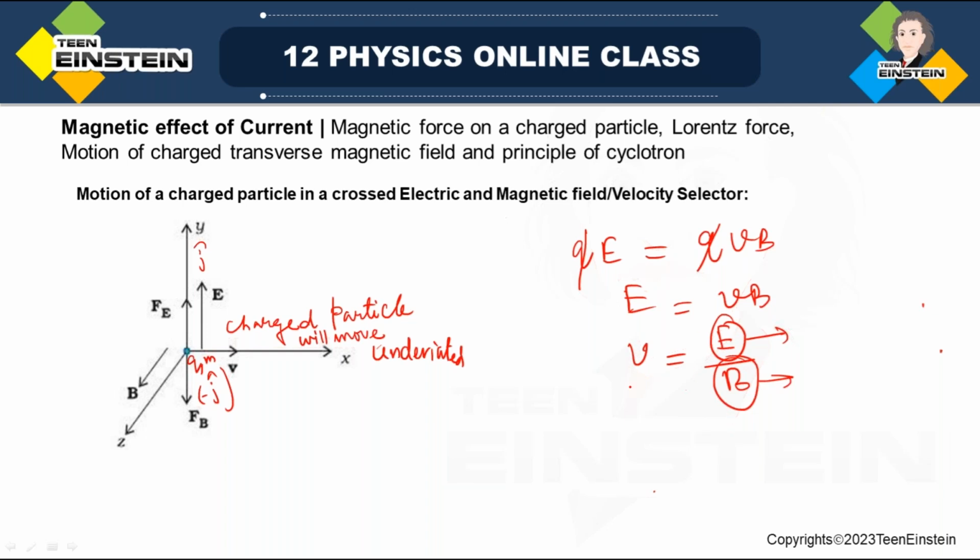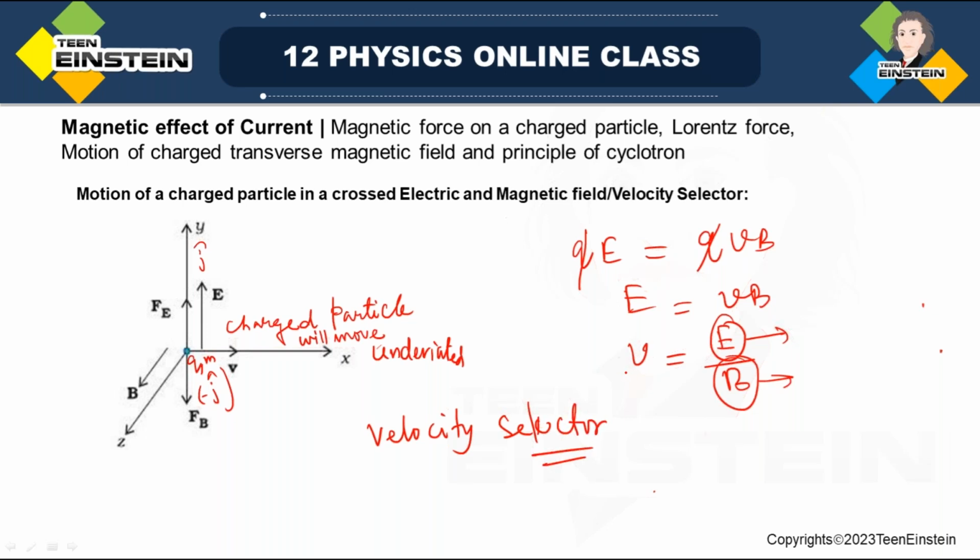In this condition, the charged particle will move without any deviation. That's why this particular arrangement is called a velocity selector.